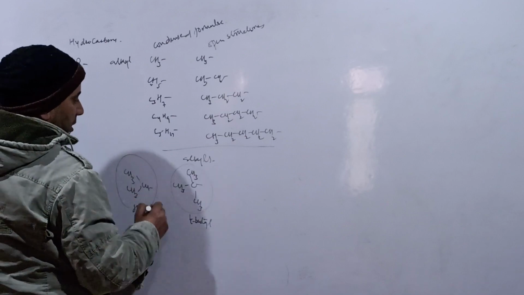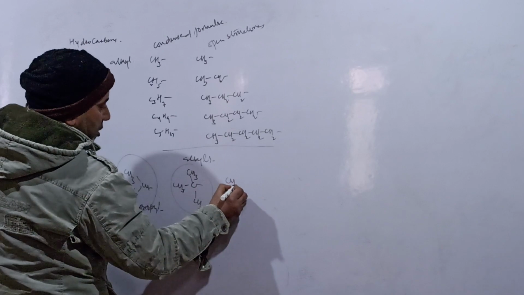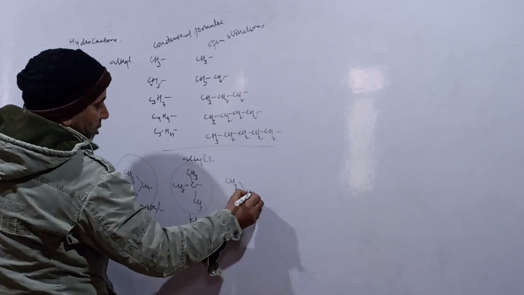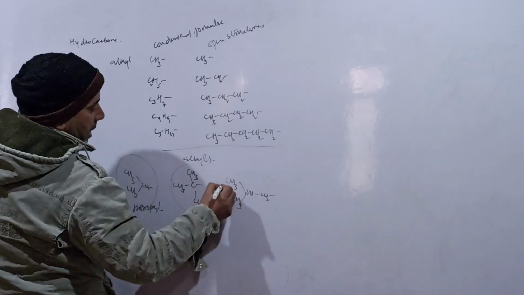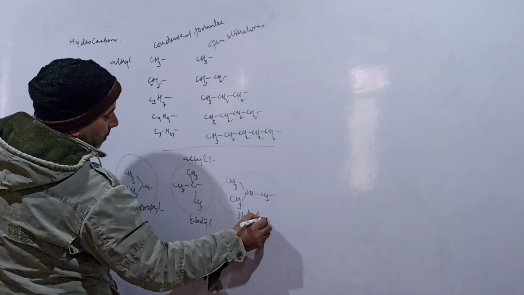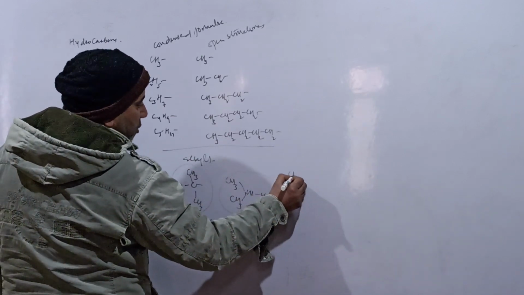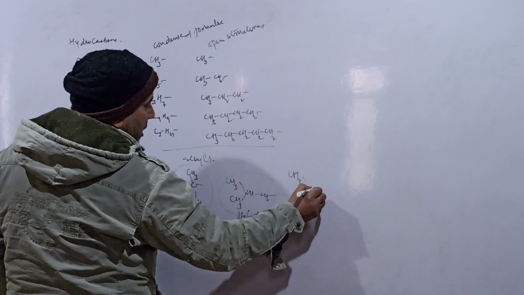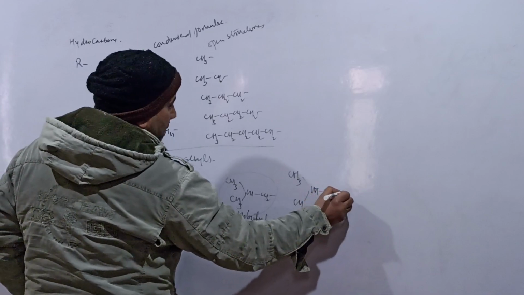That means this is t-butyl, and this is again any of the alkyls. This can also be CH3, CH3, CH. This is the isopropyl representation. Then after CH2 single bond, this can be called isobutyl. And similarly, if we proceed further, like CH3, CH3, CH isopropyl, from here CH2, CH2, and single bond.